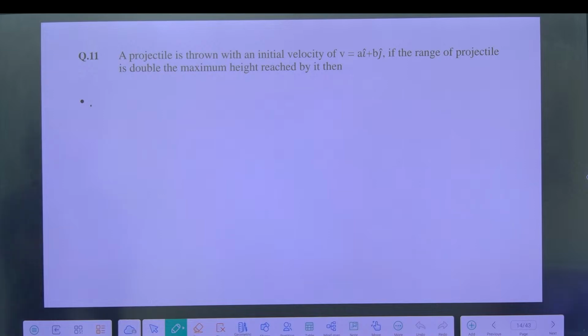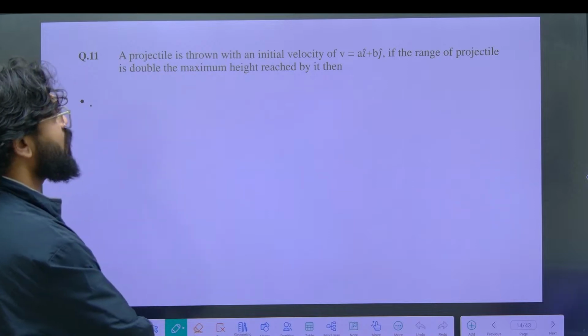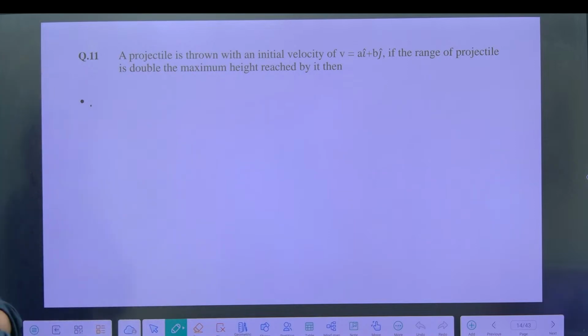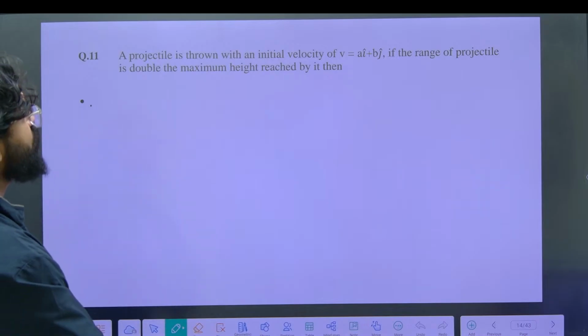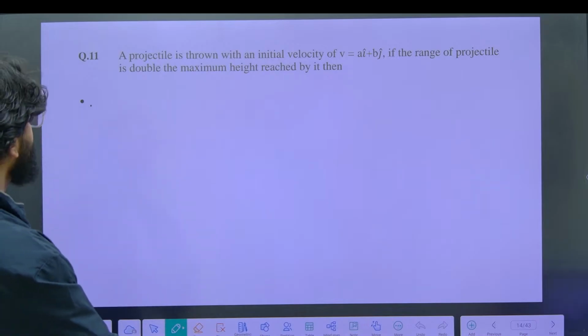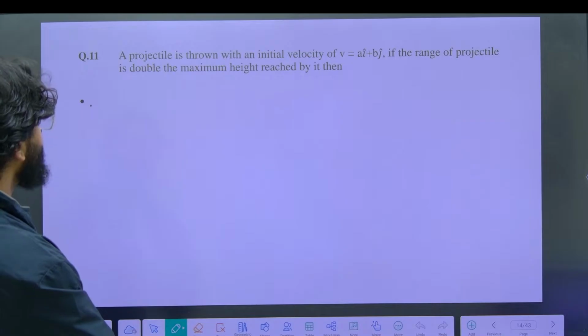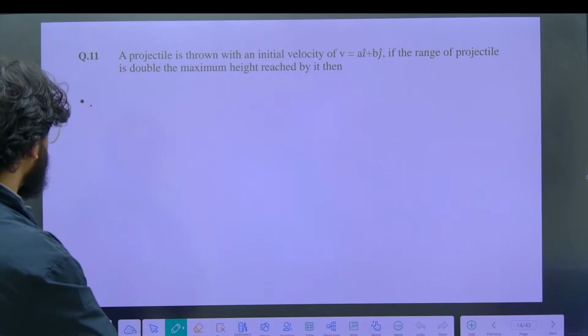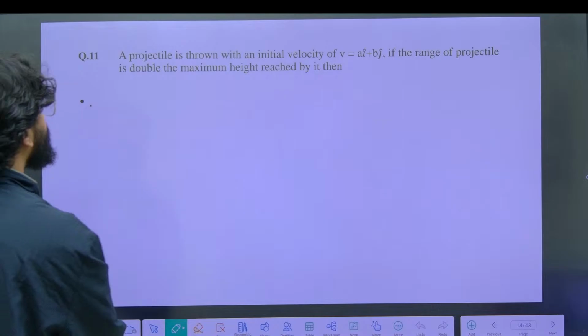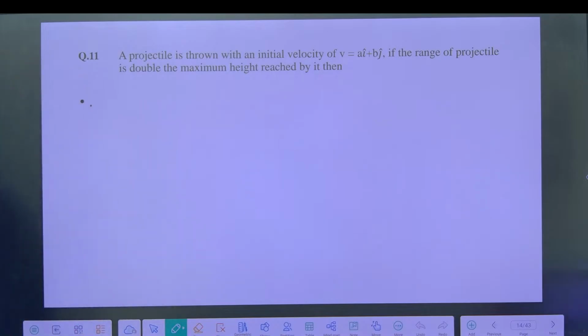A projectile is thrown with an initial velocity v, ai plus bj. If the range of the projectile is double the maximum height reached by it, then we are missing a few of the options over here.